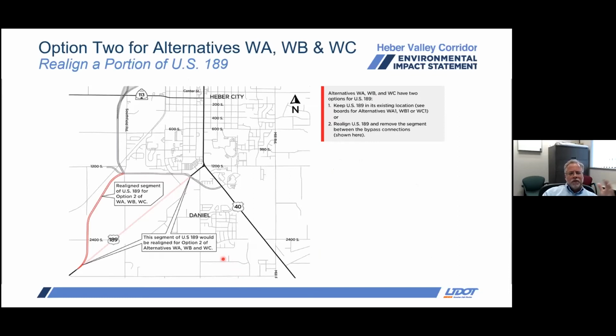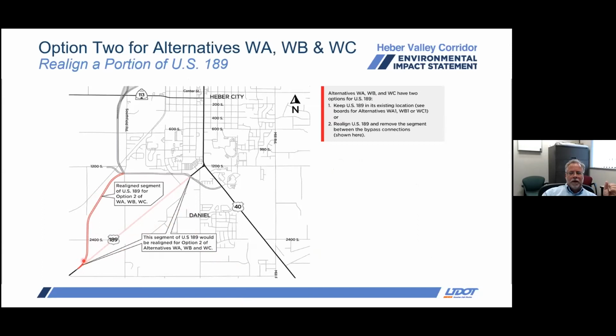So I've just reviewed option 1 of the alternatives, which leaves US 189 in its current configuration. We do have an option 2 that goes with each of these alternatives as well, which would realign US 189, like we've shown here in this graphic with this dark red line.